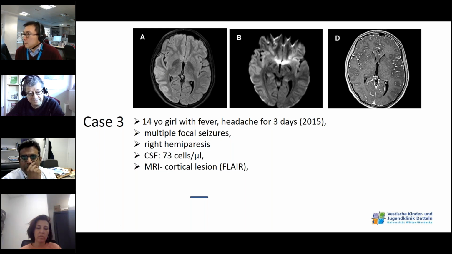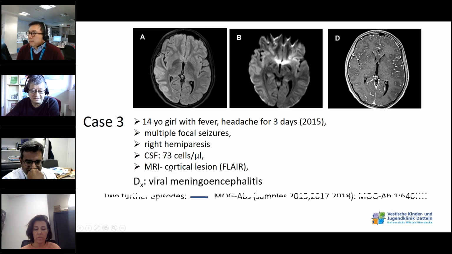At the time, the obvious pathological finding on MRI, which was not appreciated then, is this ribbon-like cortical involvement on one side of the hemisphere without contrast enhancement, with diffusion changes indicating vasogenic edema, because the ADC mapping is always normal. This child initially had multiple focal seizures and a right hemiparesis, and still suffers from that, with an elevated CSF cell count and these lesions.